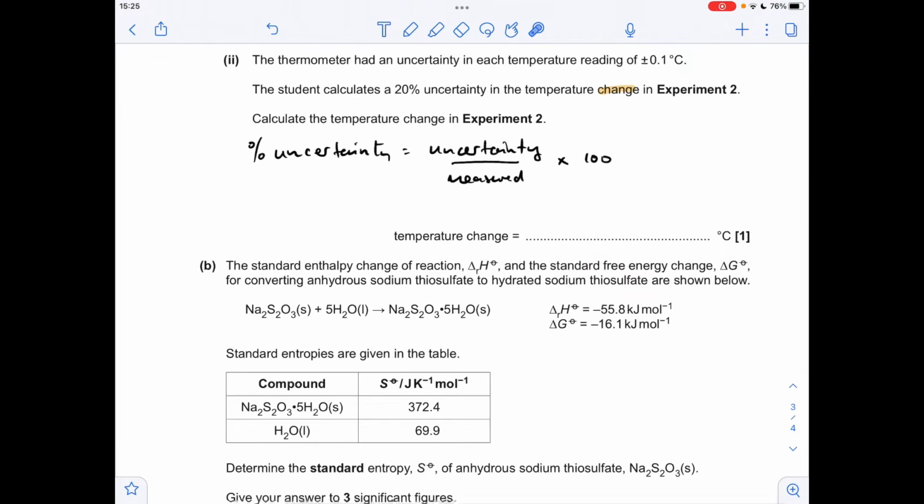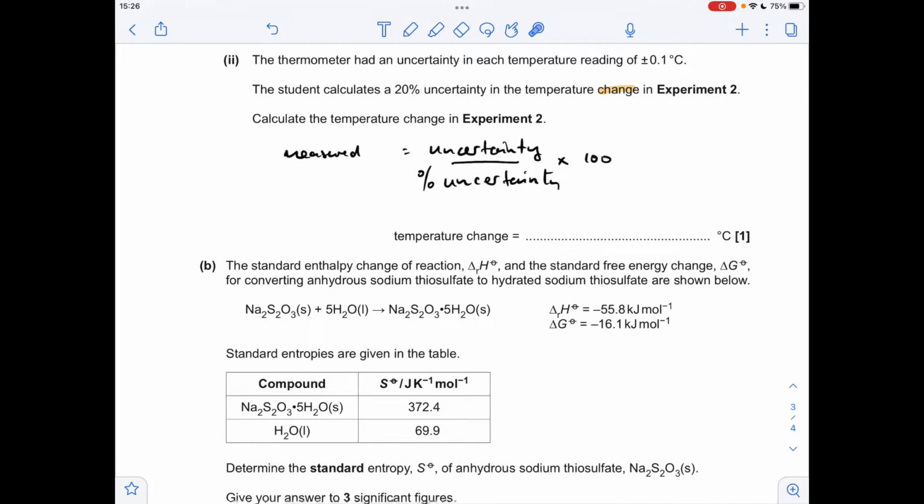Moving on to the final part of A, where we've got to calculate the temperature change in experiment 2. So we're told that the uncertainty in each temperature reading is plus or minus 0.1 degrees C, and the students calculated a 20% uncertainty in the temperature change. So there's the formula we use. Percentage uncertainty equals the uncertainty value, so that plus minus value, divided by what's measured, multiplied by 100.